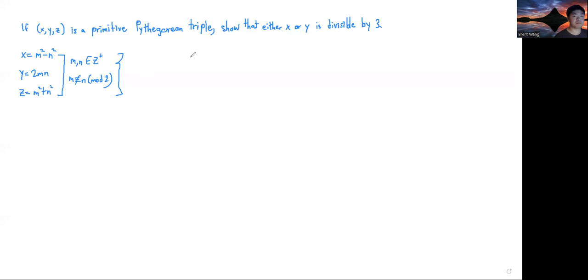So let's get to it. This is what we know. I'm not going to erase this. First of all, observe that y is always divisible by 4.